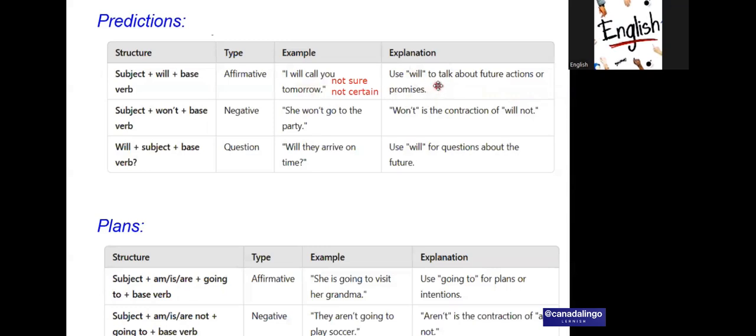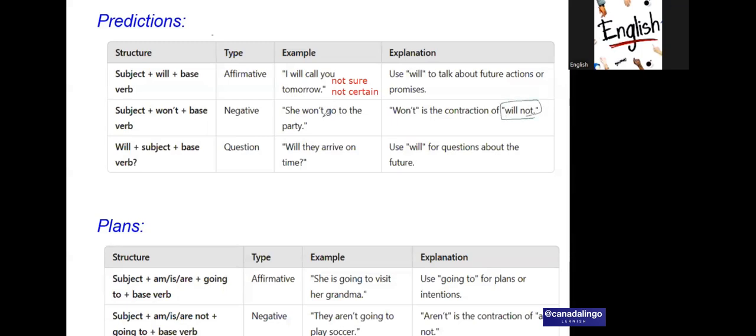The explanation is use will to talk about future actions or promises. Yes. The negative can be she won't go to the party. Won't is the contraction of will not. Contraction means the short form.